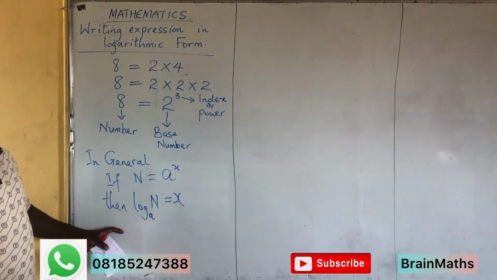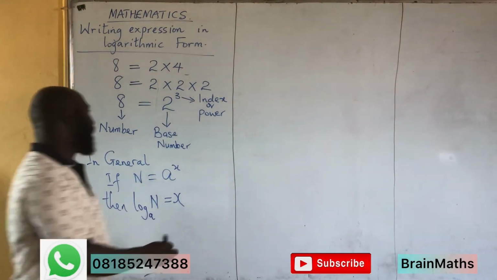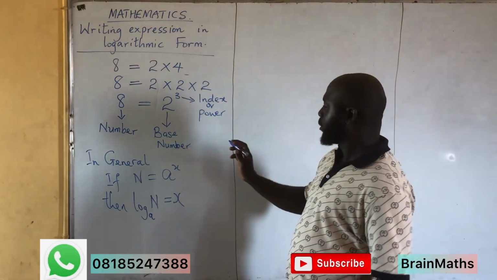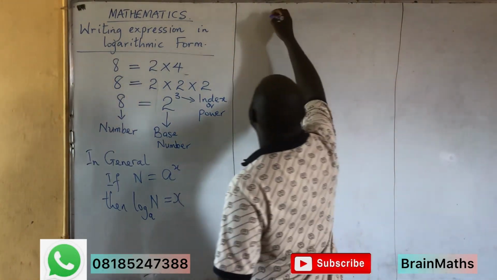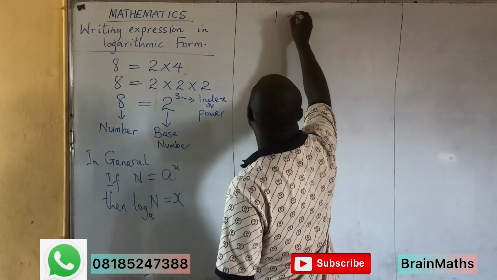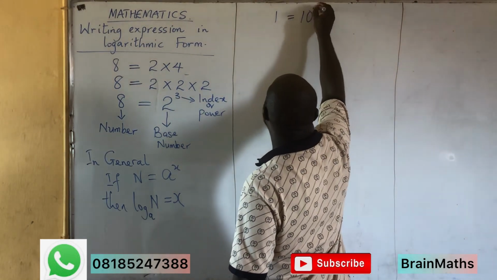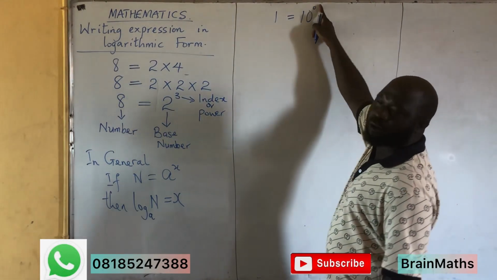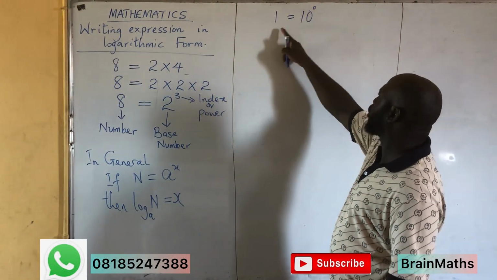So, for any number given to us now, we can rewrite this. Let's take an example. If 1 is equal to 10 raised to power 0, you all agree with me that any number having a power of 0 equals 1.